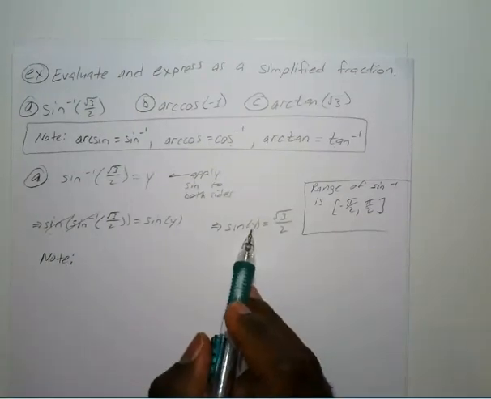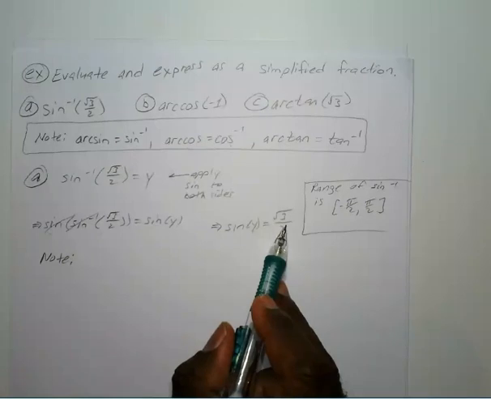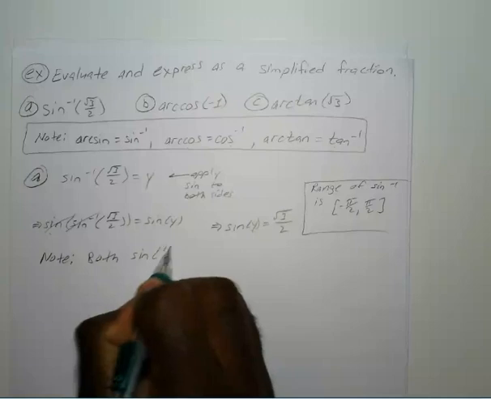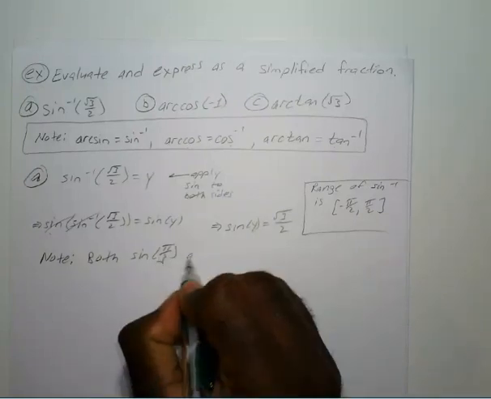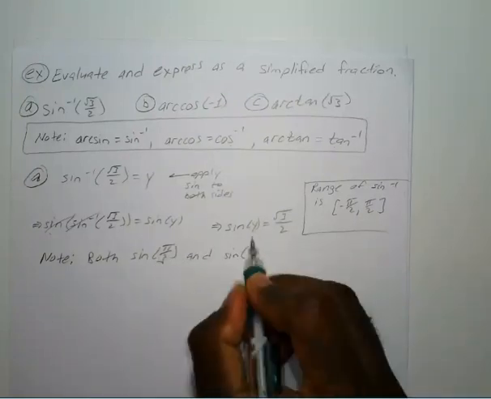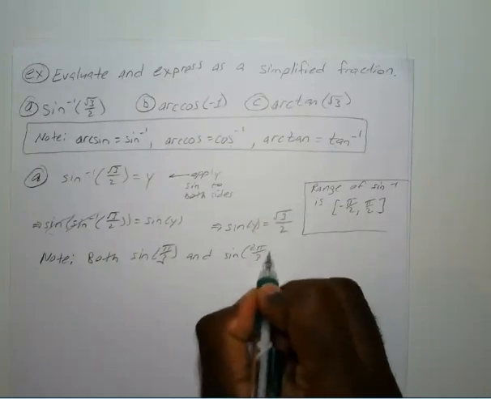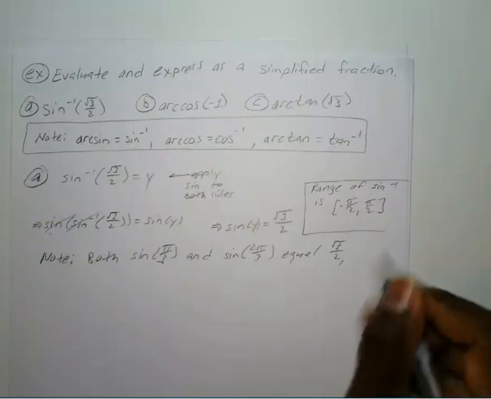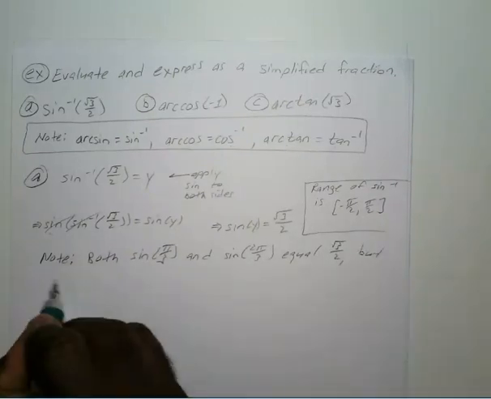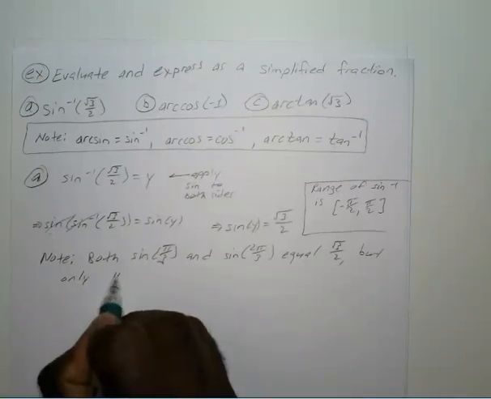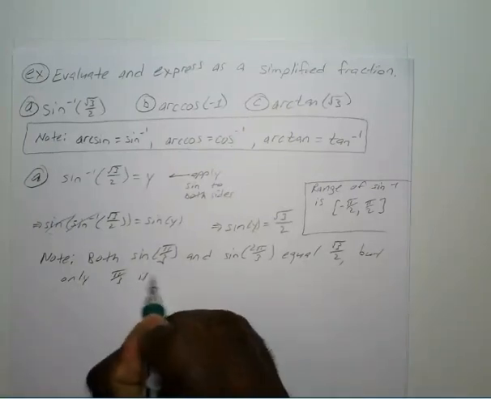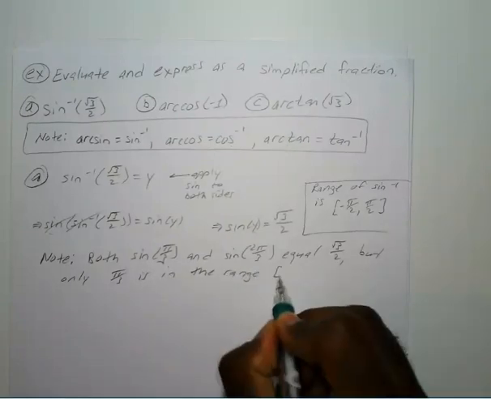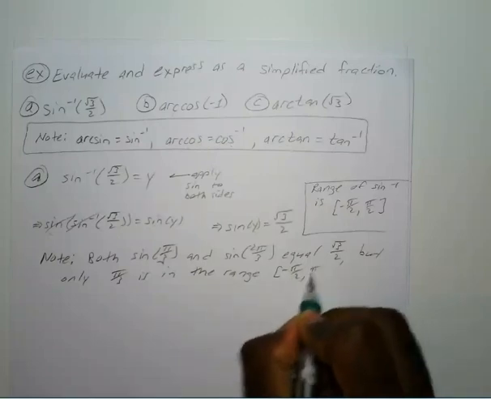Different angles can equal square root of 3 over 2. If you notice, both sine of pi over 3 and sine of 2 pi over 3 equal square root of 3 over 2. But only pi over 3 is in the range of negative pi over 2 to pi over 2.